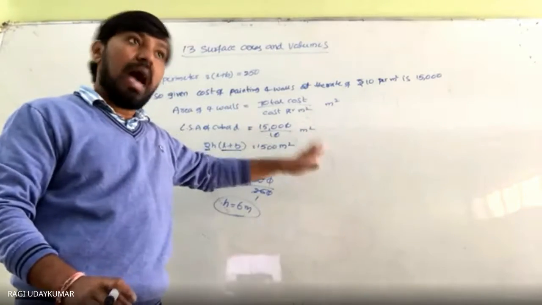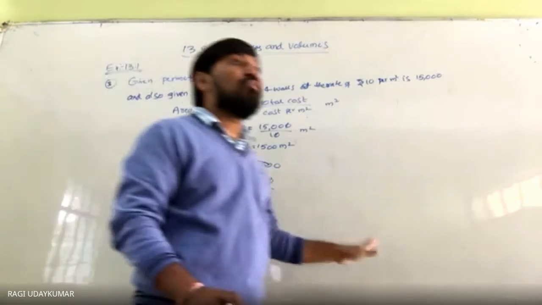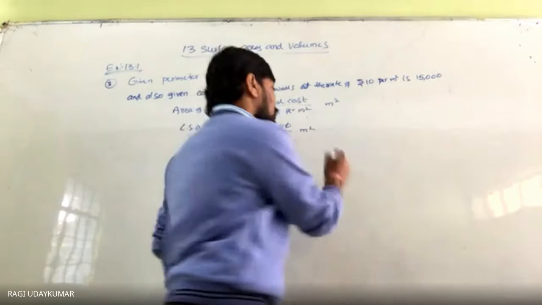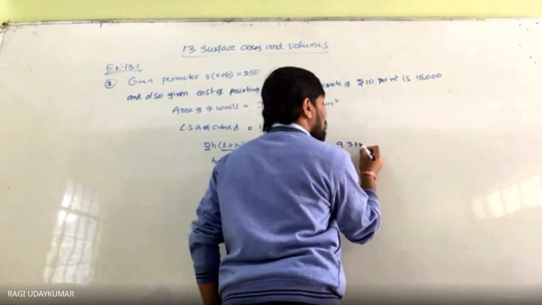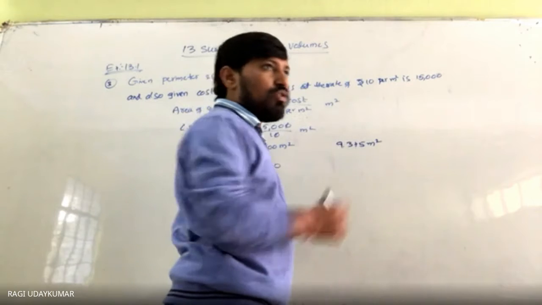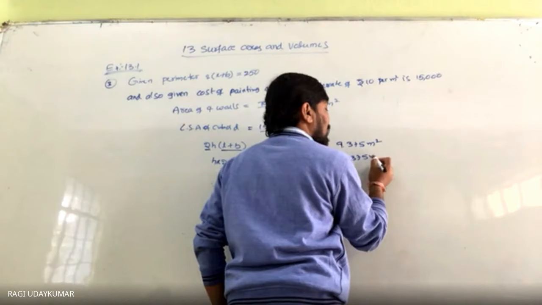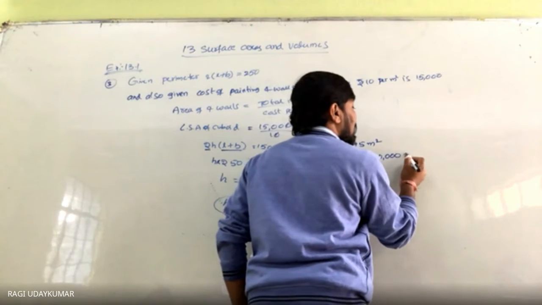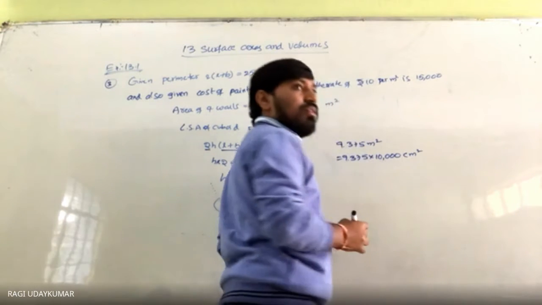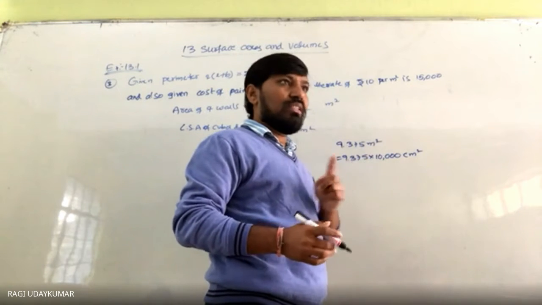Suppose the paint is painting on this wall, the total area it is going to cover is 9.375 meter square. So this 9.375 meter square is to be converted into centimeter square. So 9.375 into 10,000 centimeter square, because 1 meter square equals 10,000 centimeter square, which I already told in the first column.